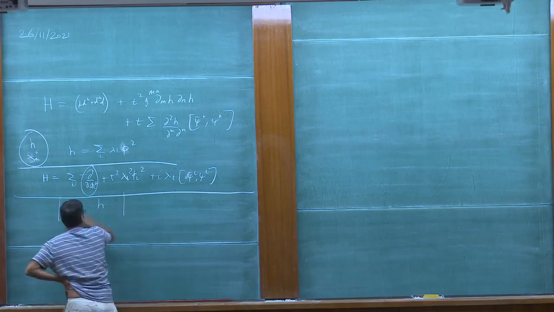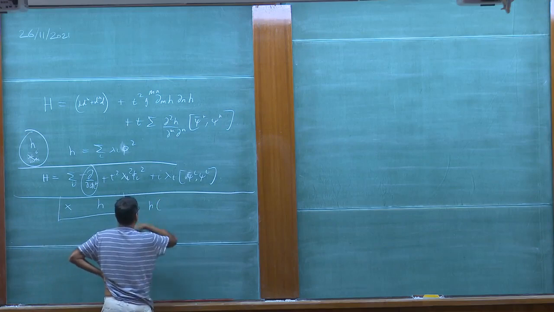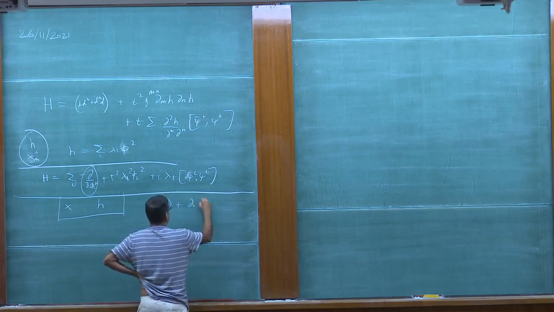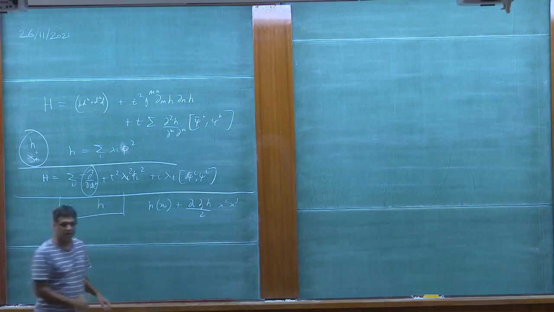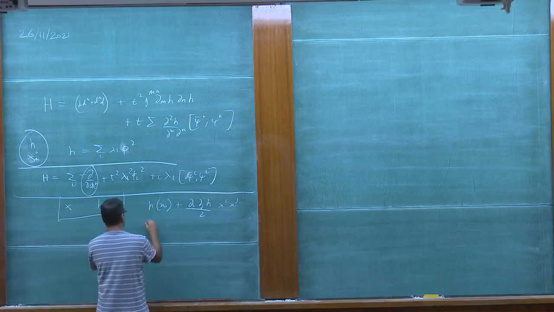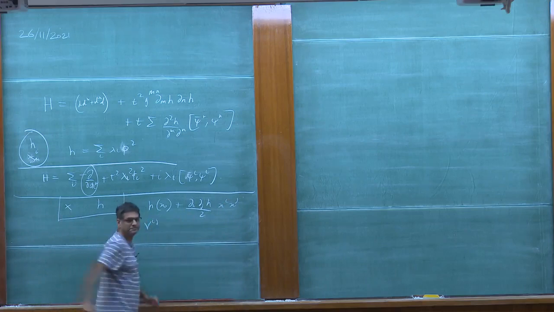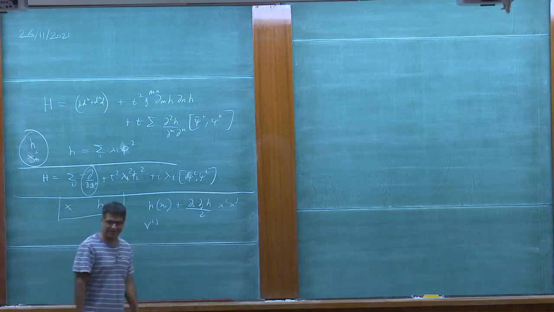So H is H of x_0, plus del_i del_j H by 2 times x^i x^j. And in this expansion, we have gamma_ij. Gamma_ij is our metric.